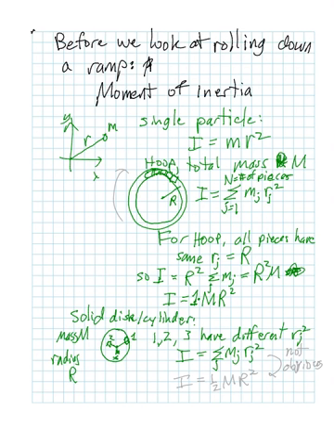It turns out that for a solid disk, I'm looking up the equation right now, the moment of inertia of a cylinder like this is 1/2 MR squared.